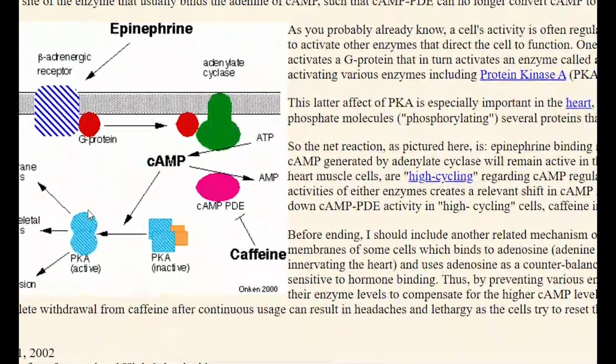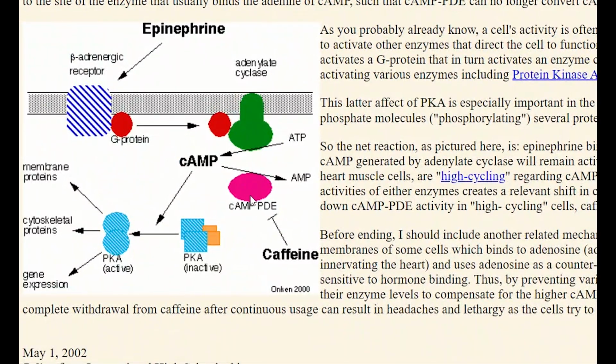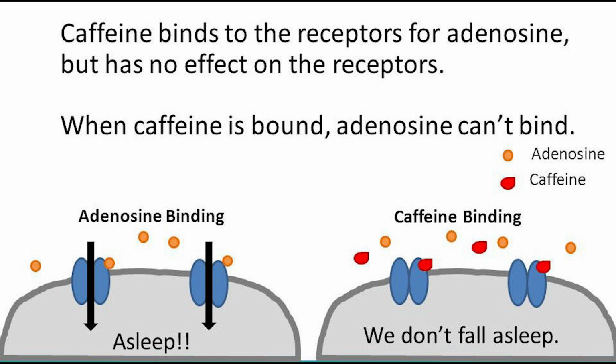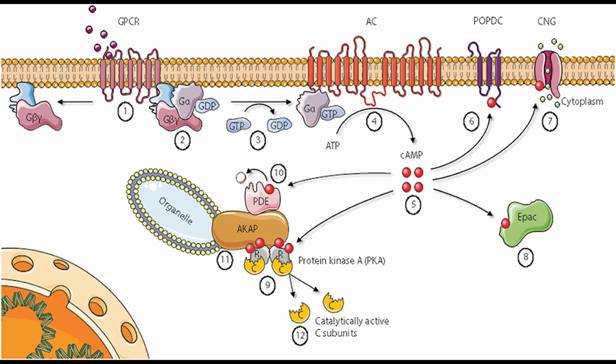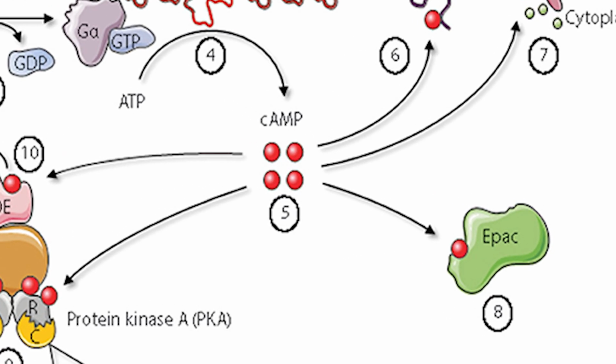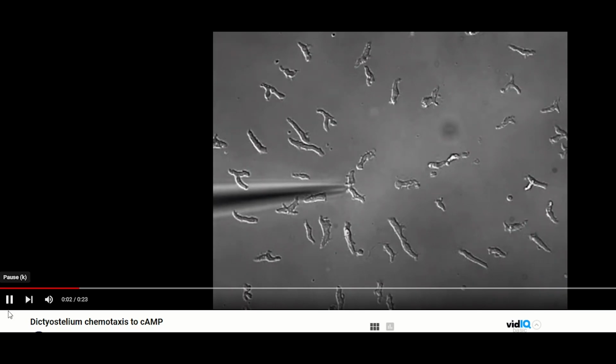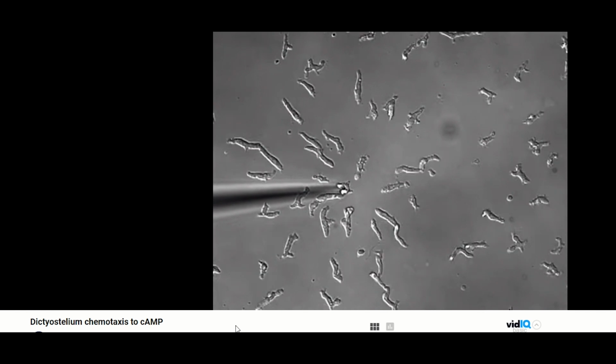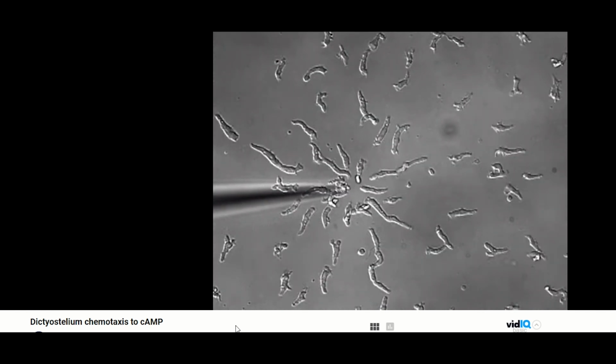And interestingly, this can be done by caffeine, because caffeine inhibits phosphodiesterases that break down cyclic AMP. But obviously caffeine also has other effects, such as inhibiting adenosine receptors, which is how it keeps us alert. So cyclic AMP really is a very versatile cellular signaling molecule. In fact, it even triggers individual slime mold cells to start aggregating to form some funky slugs.